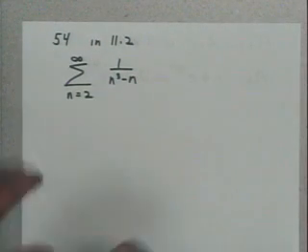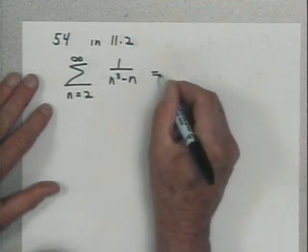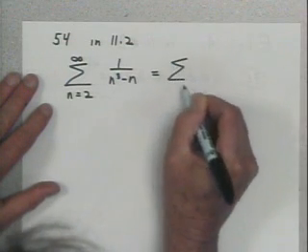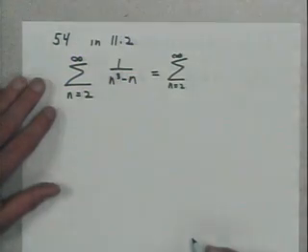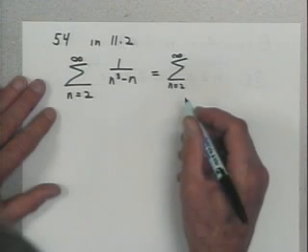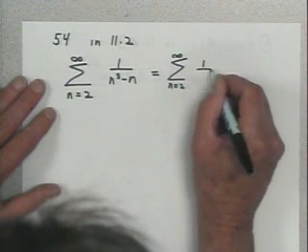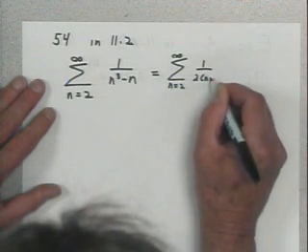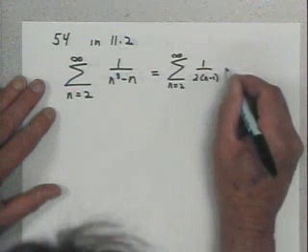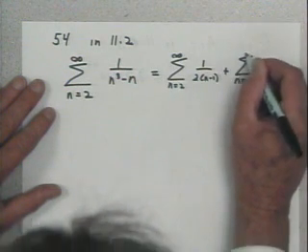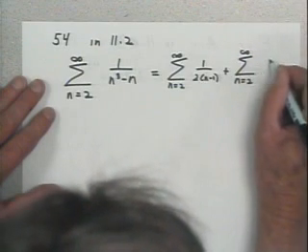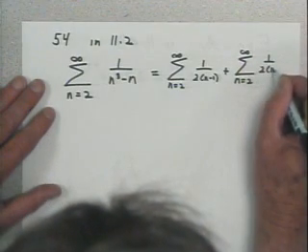Okay, what I did learn from the computer algebra system is that this could be thought of as the sum of three different series. One of them was 1 over 2 times the quantity n minus 1. Another one was 1 over 2 times the quantity n plus 1.